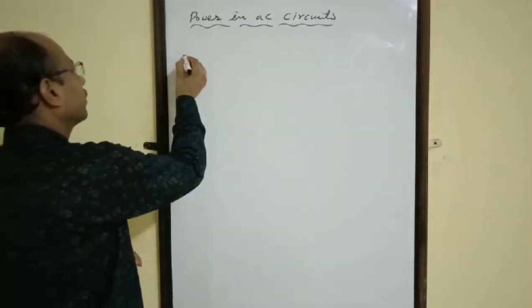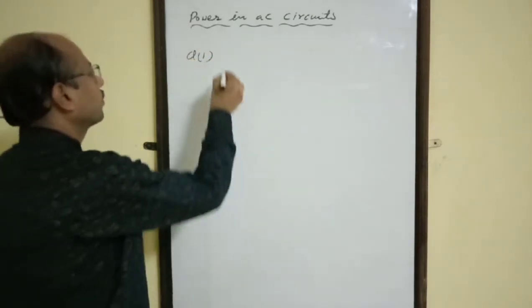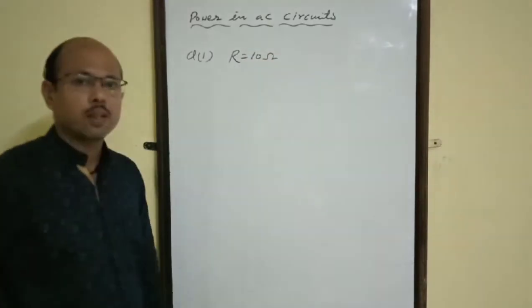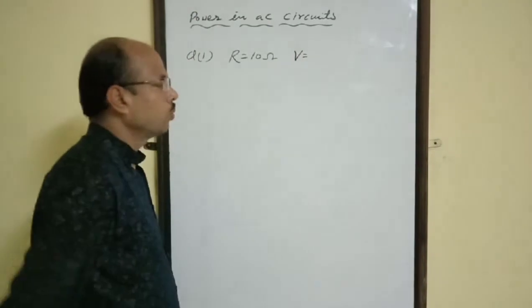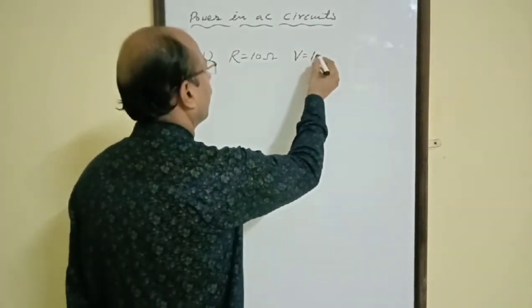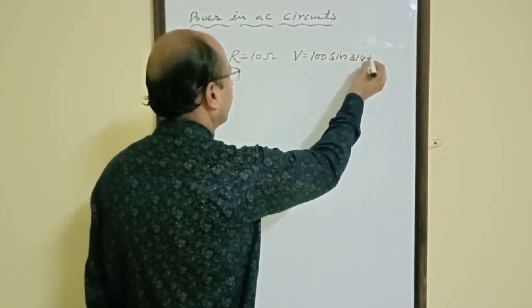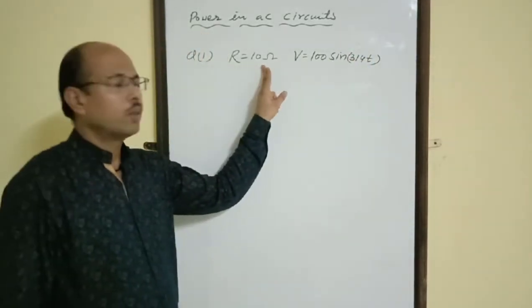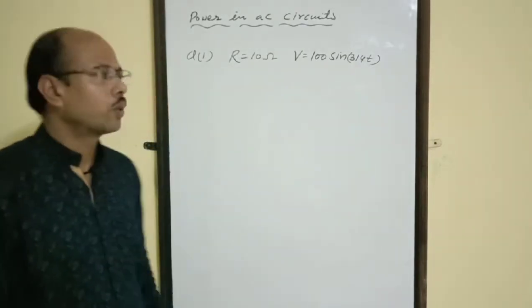So, we are solving 2-3 questions. R equals 10 ohm in a circuit, and V equals 100 sin 314t.